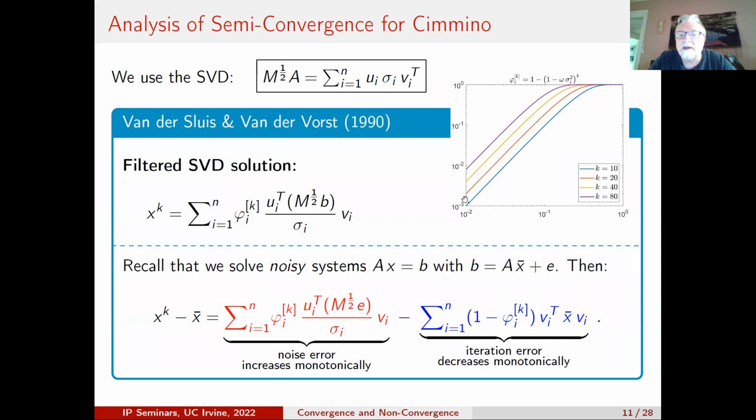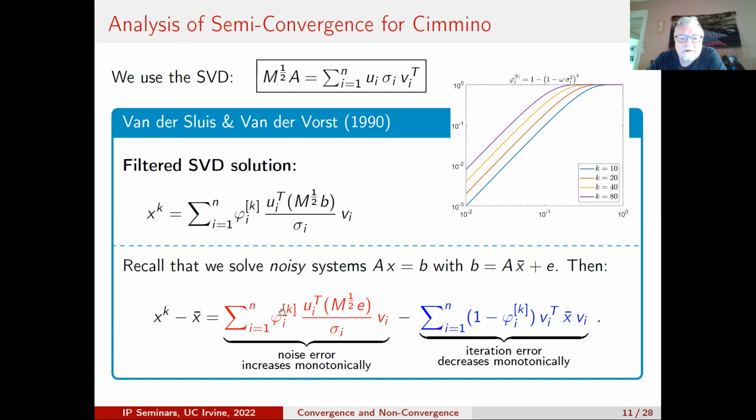And this is the size of the filter factors. As you do more and more iterations, these curves move to the left, which means that slowly we include more and more SVD components into the solution. That explains why we have a decreasing iteration error, because more and more of these terms will approach 1.